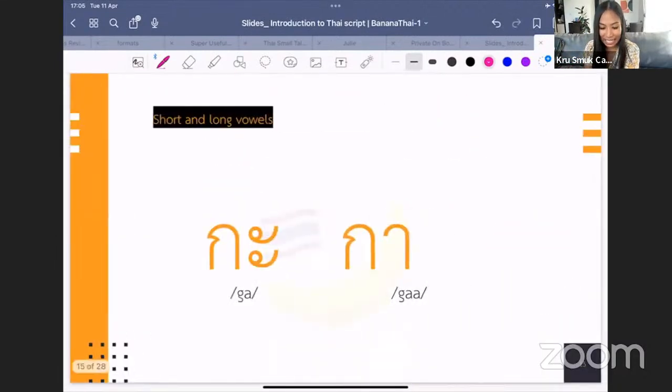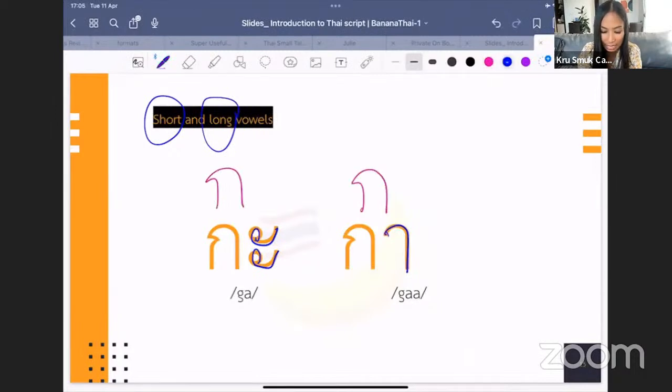Okay. Let's move on. So as I mentioned, there are always short and long vowel sounds. They both sound the same, but one is short and one is long. Short sound, ka. Long sound, kaa. Let me give one more. Ki, sara i, short sound.